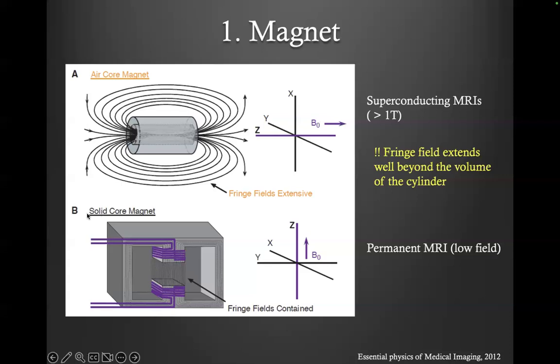And then another kind of MRI scanner is typically a solid core magnet. Those magnets are typically permanent magnets, and they have coils on top and coils on the bottom, and then the magnetic field is in the vertical direction, and all the magnetic field actually goes around in this shielded box.